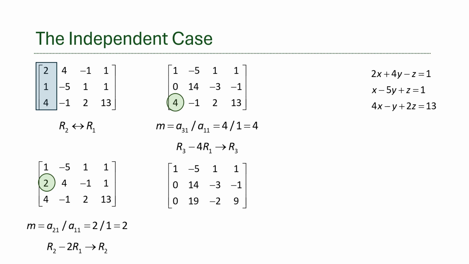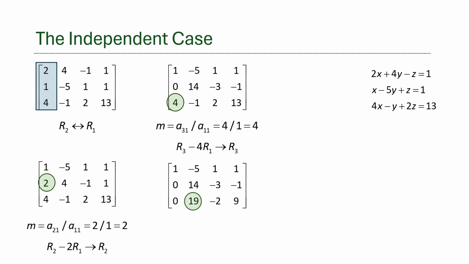For the second column, negative 5 times 4 was negative 20. Negative 1 minus negative 20 gives me 19, and so on across that row. Okay, so now we're done with the first column, right? Every row under the pivot column is a 0. We're good to move on to the second row.